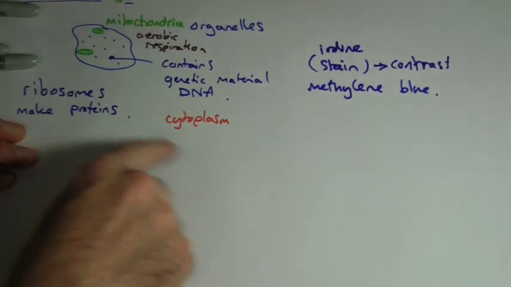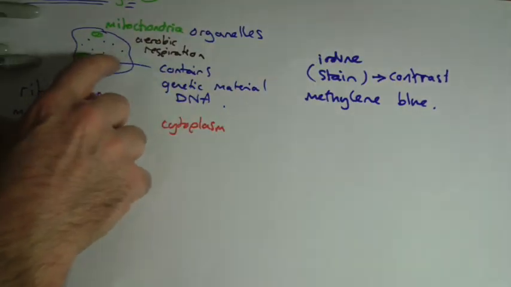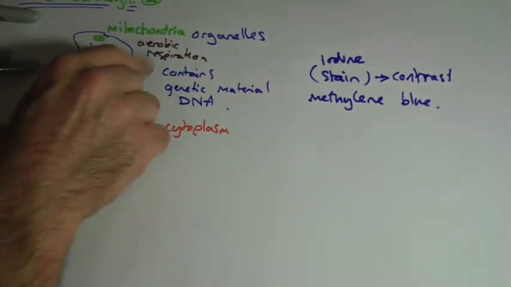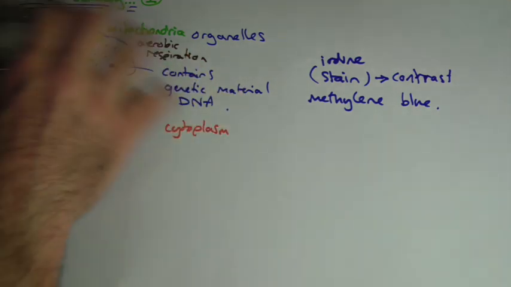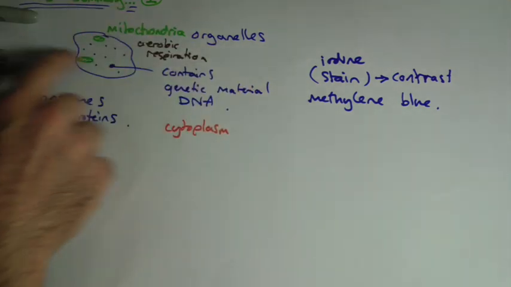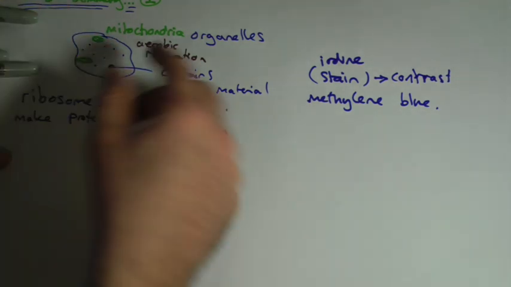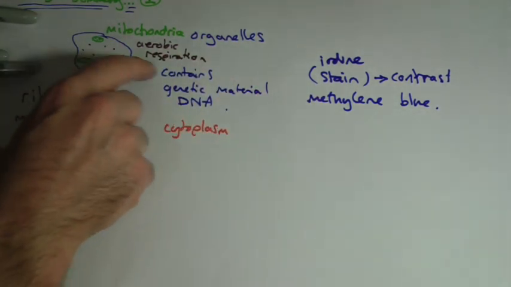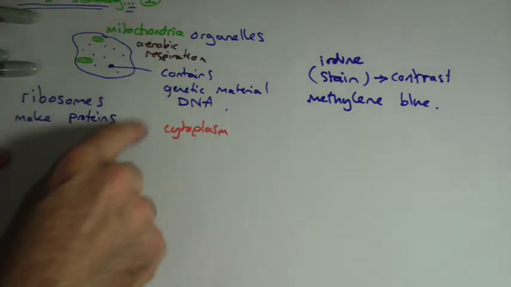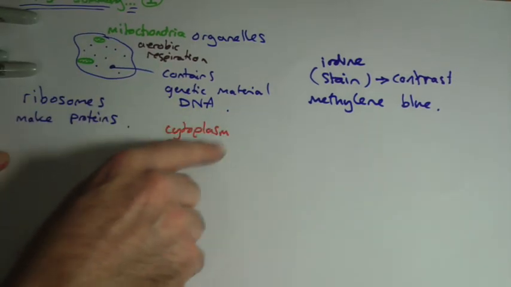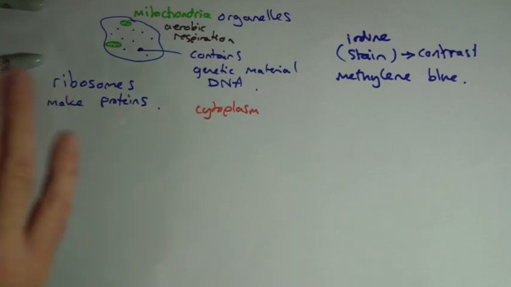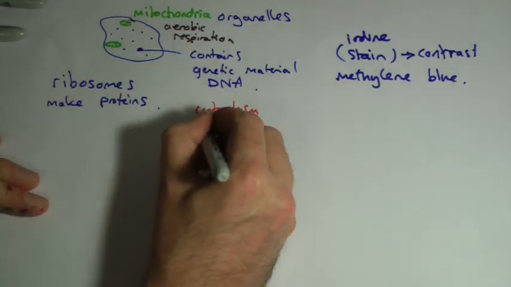Now, when they first did these things, they saw the nucleus, that stain, but everything else looked the same. It didn't look like there was anything in there. And so they just used this word cytoplasm, which just meant everything that isn't in the nucleus. Now, we now know there's actually loads of stuff in there, but generally anything that isn't in the nucleus gets referred to as cytoplasm. And it's a bit of a difficult one to say what happens in there.